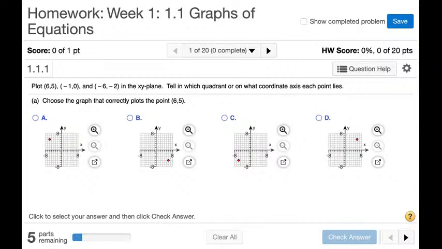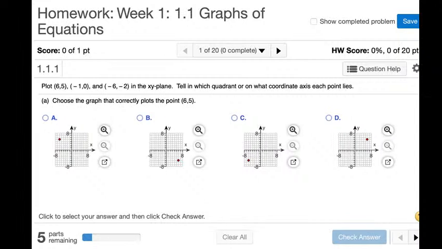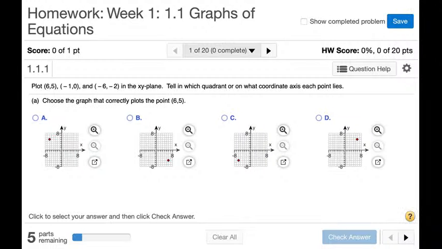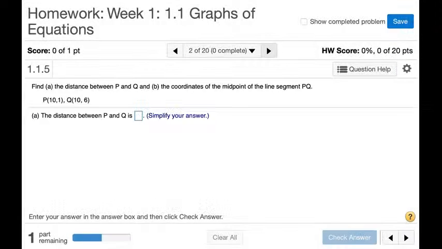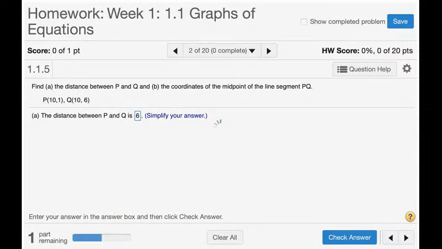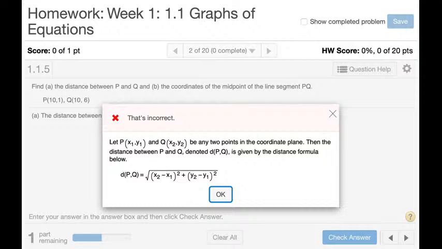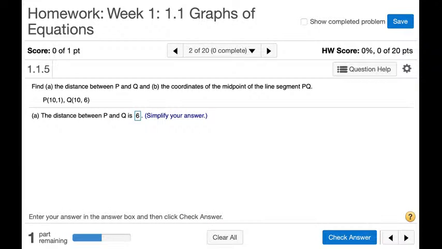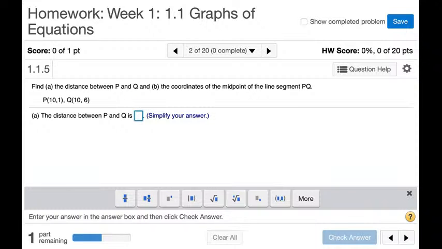Okay. And I think we just did number 2. I know we lost our work because we closed it out or something. I think the distance is going to be 6. Let's try it again. X, Y, X, Y. I think it's going to be 5. Yeah, let's try 5 instead. Okay.